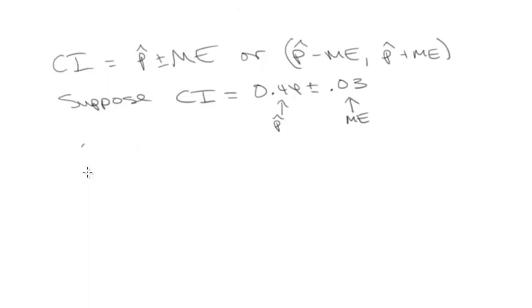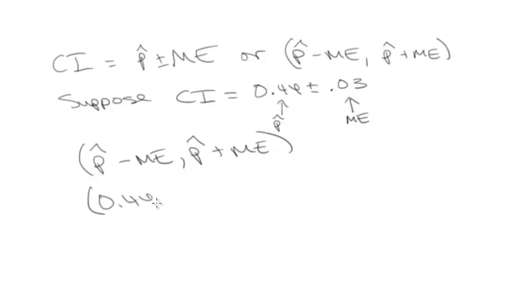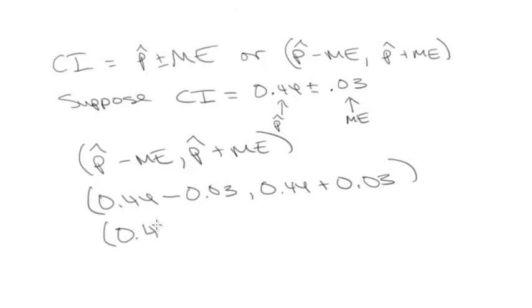And from there, then you go to the other form, plus the margin of error, and fill in the values. So this is 44% minus 3% on up to 44% plus 3%. And so that gives us a confidence interval of 0.47 on up to, oh gosh, went the wrong way with that. This was supposed to be subtracting.